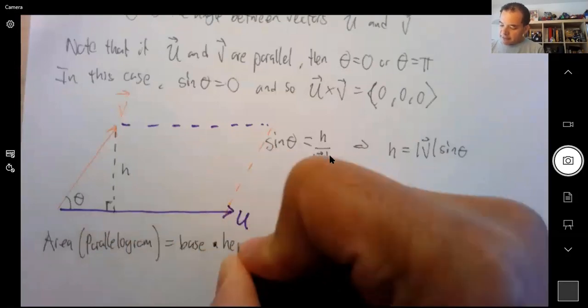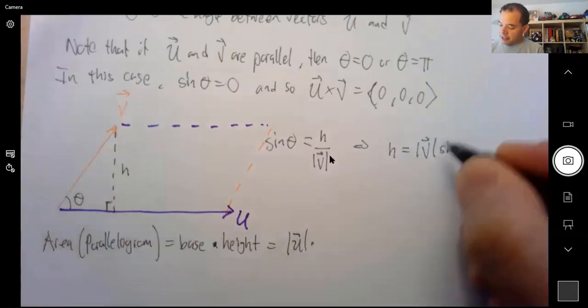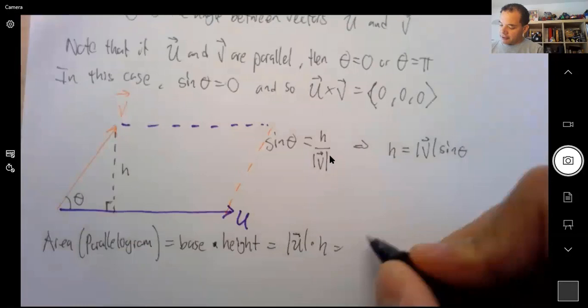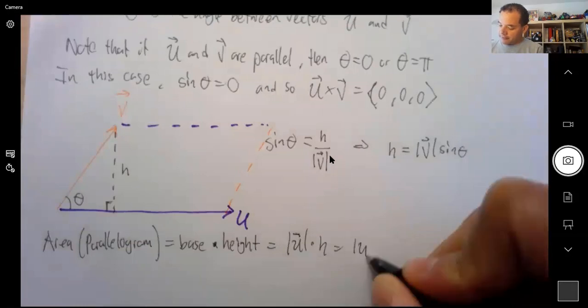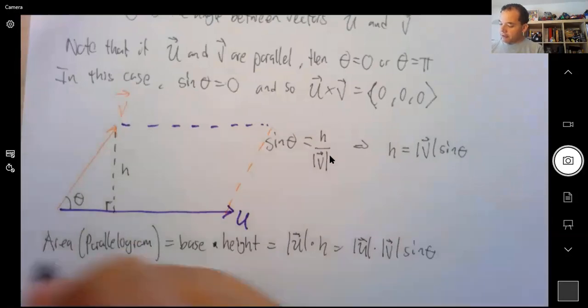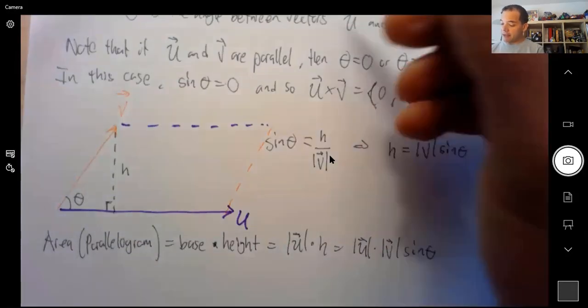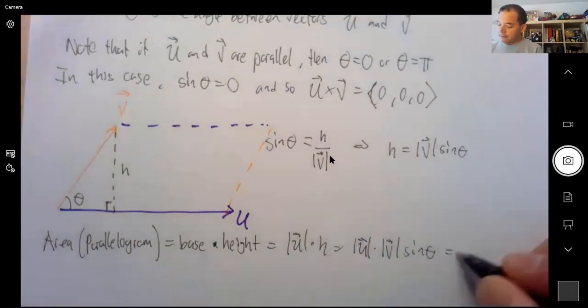And the base is magnitude of u, and the height is h, which we calculated. So if we put it all together, the area of a parallelogram is magnitude of u times magnitude of v times sine theta. That's exactly the magnitude of our cross product. So that's exactly the magnitude of u cross v.